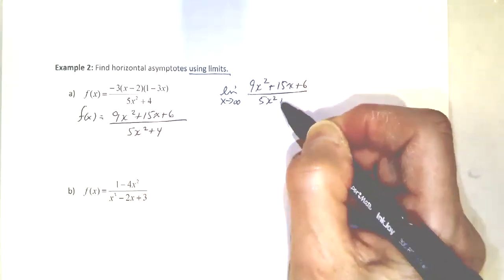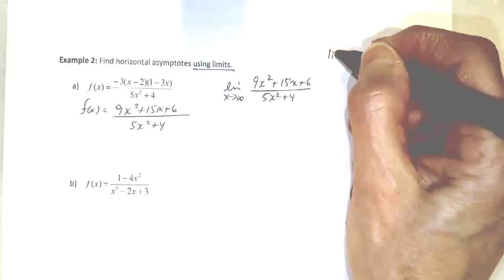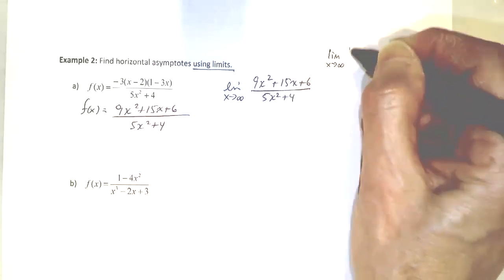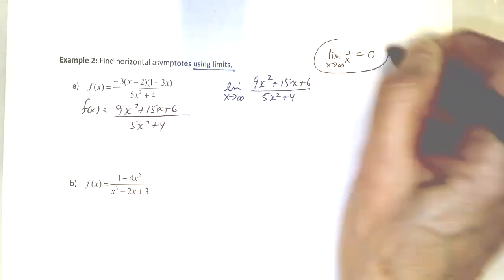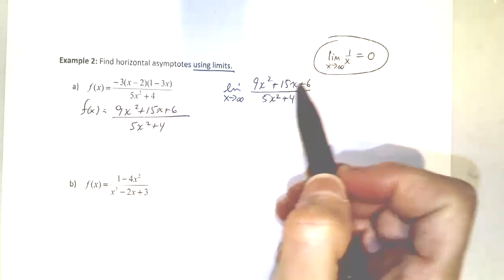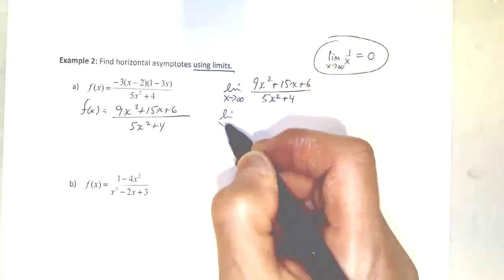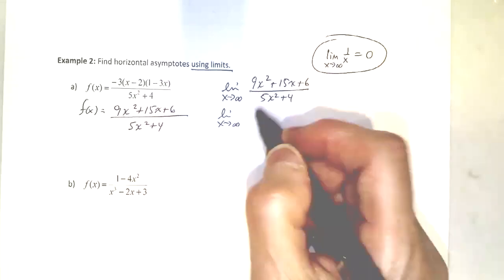The answer to this, if it's a numeric value, then that's where the horizontal asymptote would be. The way you do this, you're going to rely very heavily on the limit that we evaluated on the previous page. We're going to be using this definition a lot. The technique says, look at the numerator and factor out the term of highest degree, which is x squared.